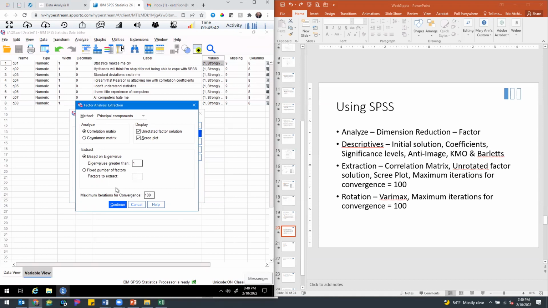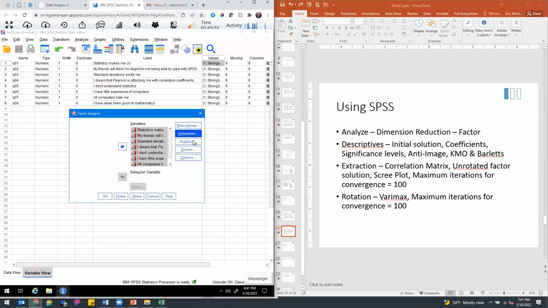Even if the eigenvalue is like 0.7. That's just the way theory works. If you know you should have 4, it's going to go ahead and pull 4 if you tell it to. Let's just keep it based on the eigenvalue greater than 1 here for simplicity. Hit continue.